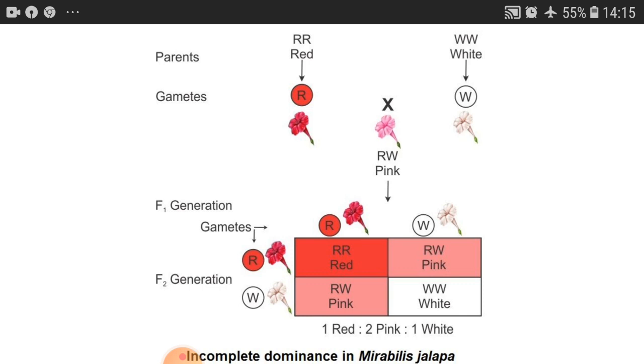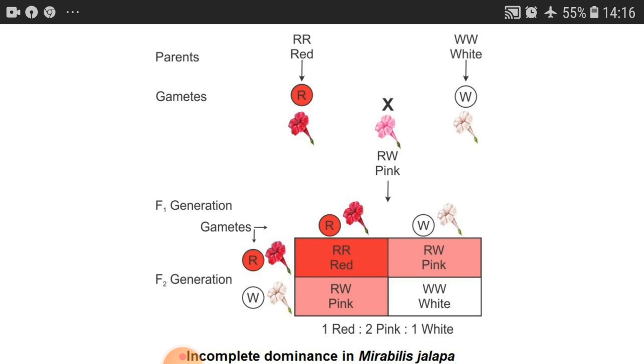Now, we can take very good examples of this in the plant kingdom, that is Mirabilis jalapa, the 4 o'clock plant, which is displayed on your screens, and Antirrhinum majus, that is the snapdragon, and in animals, the Andalusian fowl.